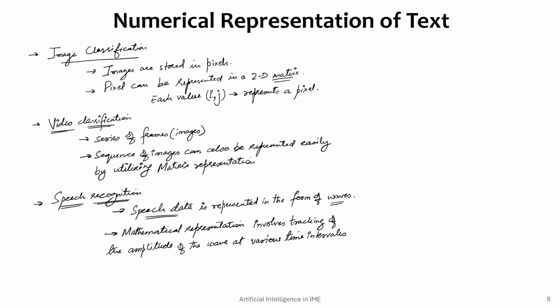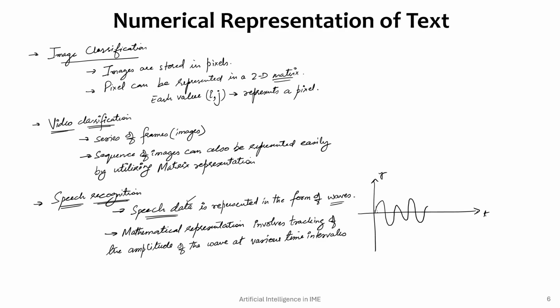Right. So, let us say this is a simple wave that gets generated after utilizing some speech data, right. So, the amplitude, that is the y value, keeps on changing with time, right.